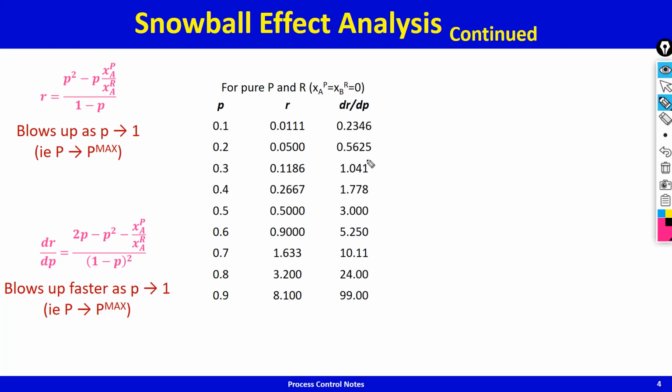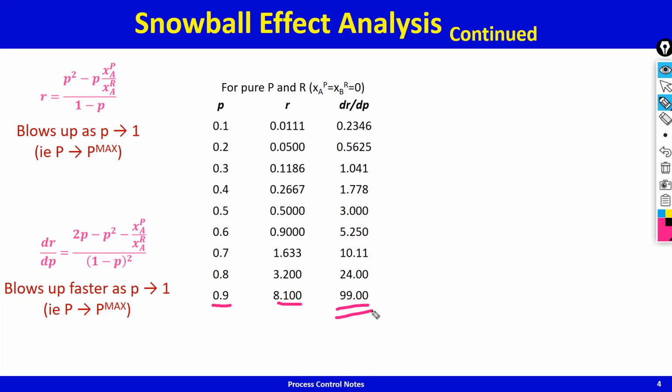See, when production rate is 90% of maximum, we're looking at this chap, recycle rate is about 8 times production rate. But look at the sensitivity.